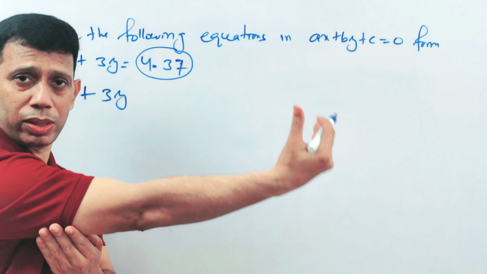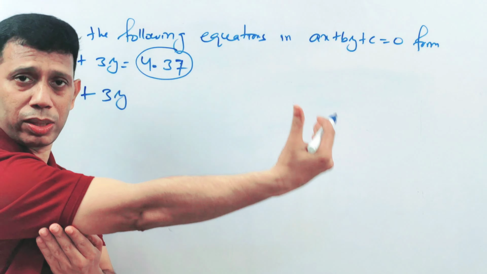Let us take this to the LHS because c is not here, so this can be c. 4.37 is positive there, and if it comes to this side it will be negative. Plus minus 4.37 is equal to 0. Now a is 2, b is 3 and c is minus 4.37, because that c was on that side. We have brought that to the LHS, so the sign will be changed, right?